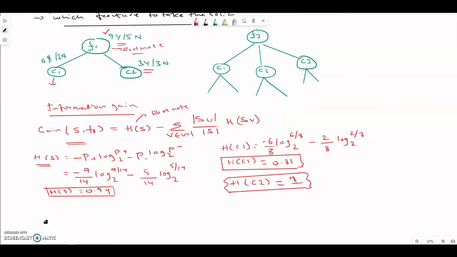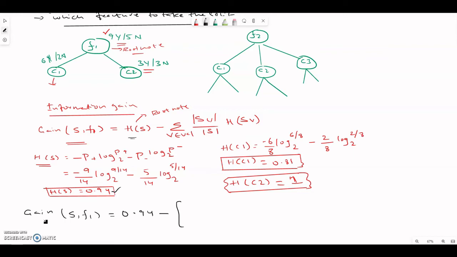Now I can write here gain of S and F1, feature 1 for sample S. Here H of S is our root node entropy, which is 0.94, minus the summation.